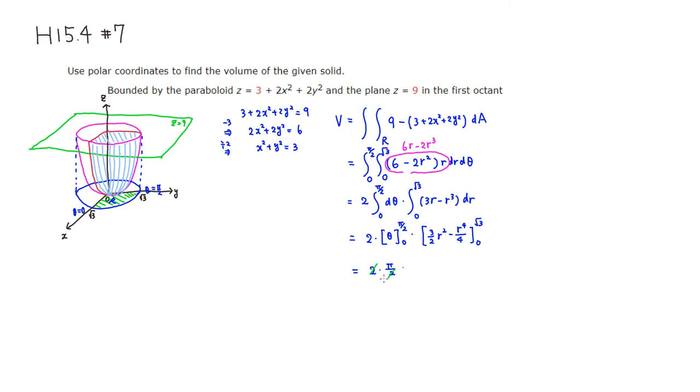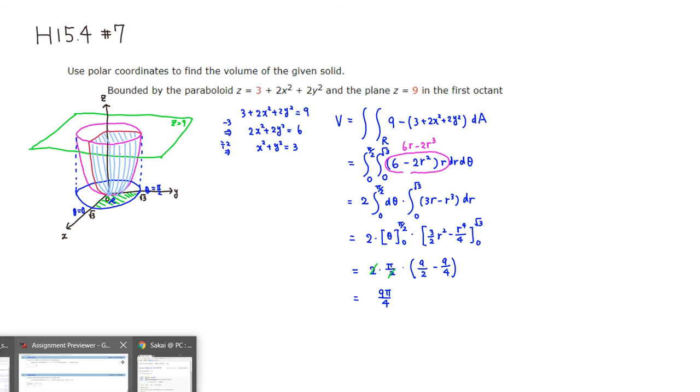Then plug in square root of 3: r squared is 3, so it's 9 over 2 minus 9 over 4, which is just 9 over 4, times pi. If you plug in 0, it's 0. So 9 pi over 4 would be the answer.